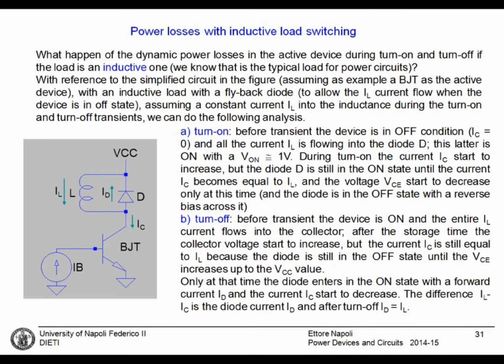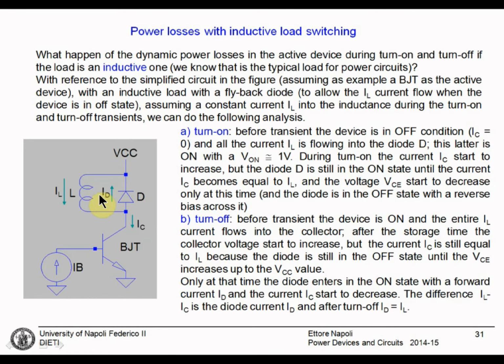The typical load, as we say, is inductive. Here, in this case, we have a BJT as a power device, but nothing changes if we have a MOSFET or an IGBT or another power device. The load is this inductance here. The current of the device is the IL current indicated with this arrow here.